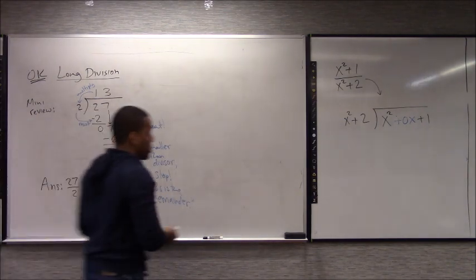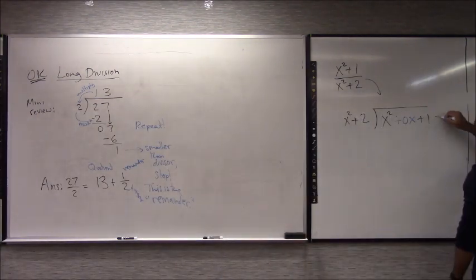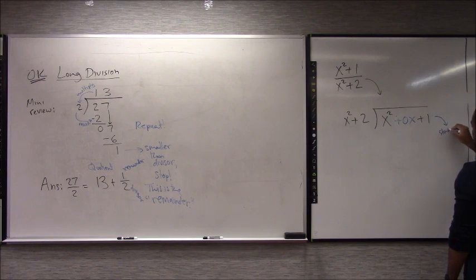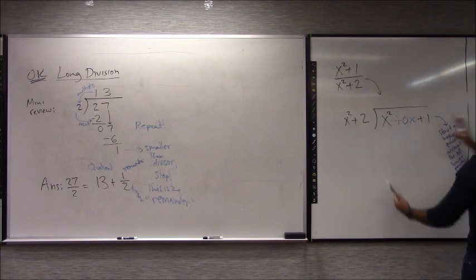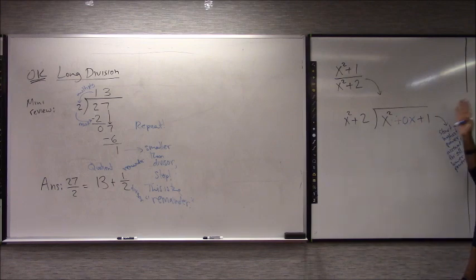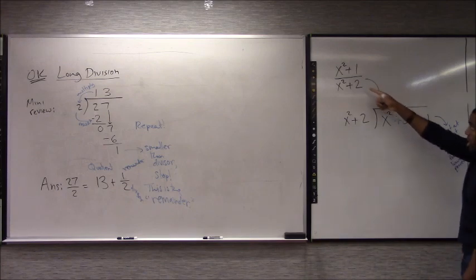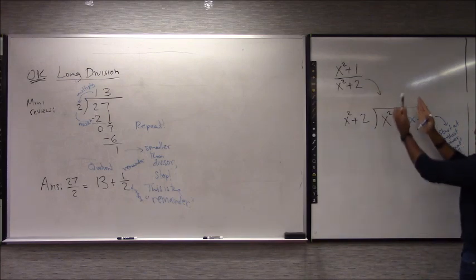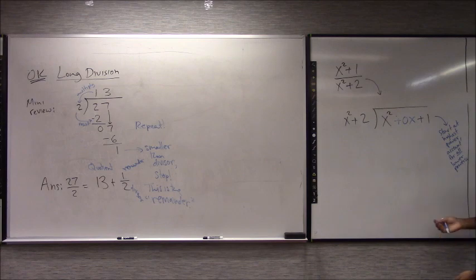Start at the highest power and account for all lower powers. So it's going to be an x squared, an x, and a constant. Even though the constant doesn't show up, you need to put them there because things need to line up properly. That's the first thing.